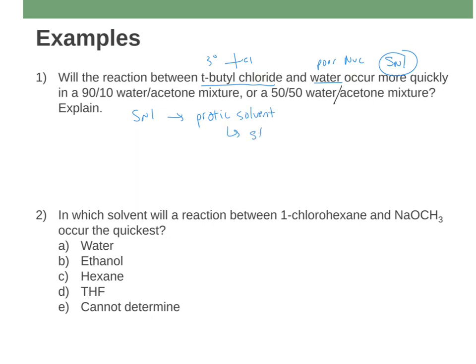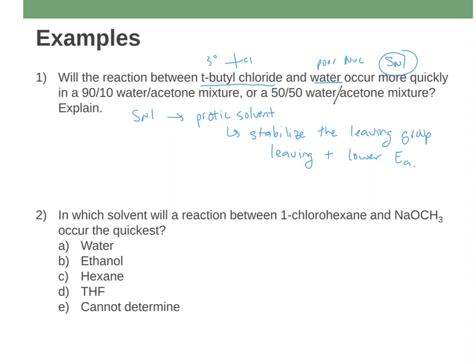I want a protic solvent because it's going to help stabilize the leaving group leaving, and lower the activation energy. If this is on a test for me, I'd want you to use complete sentences, but I would want all of those pieces in there. So that's what you'd want.